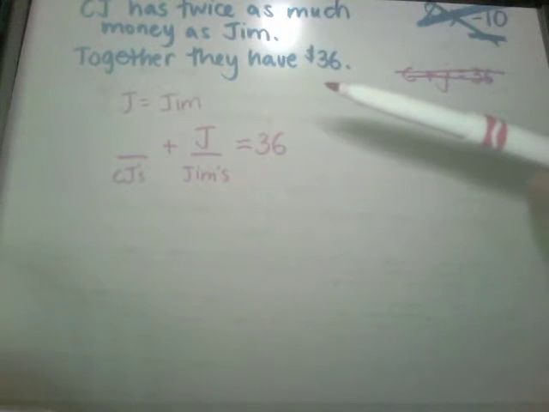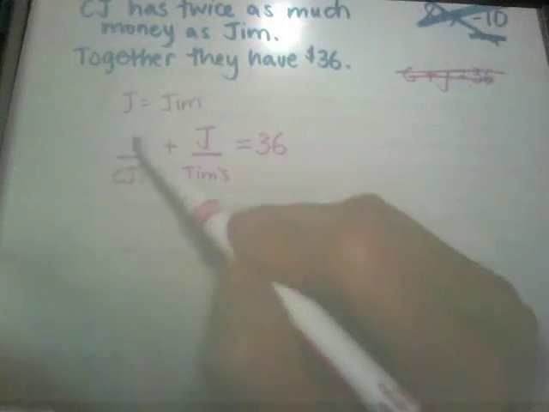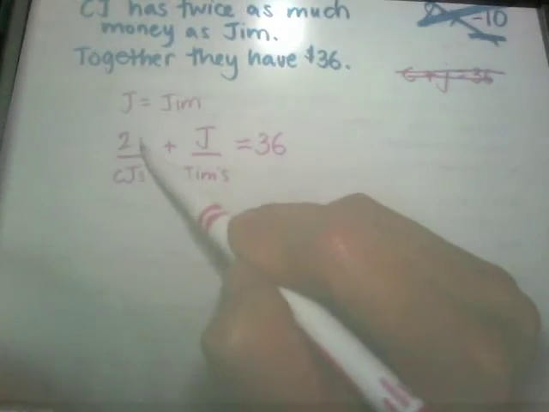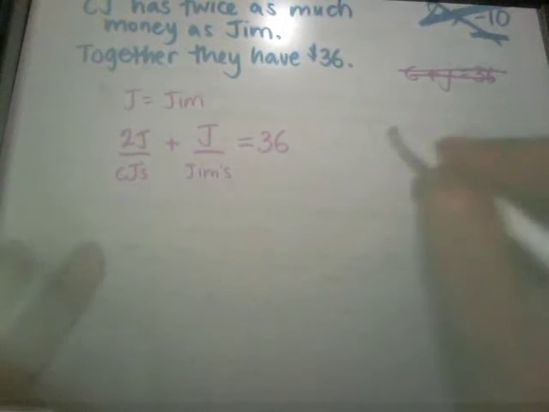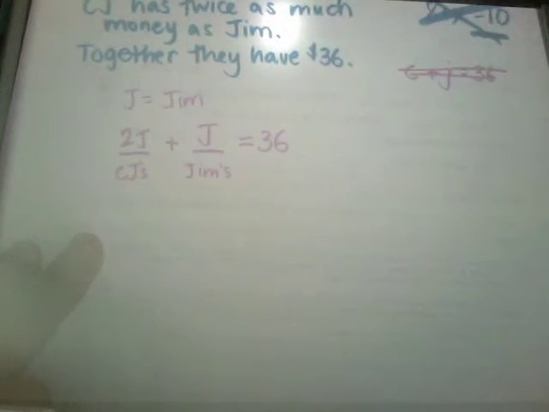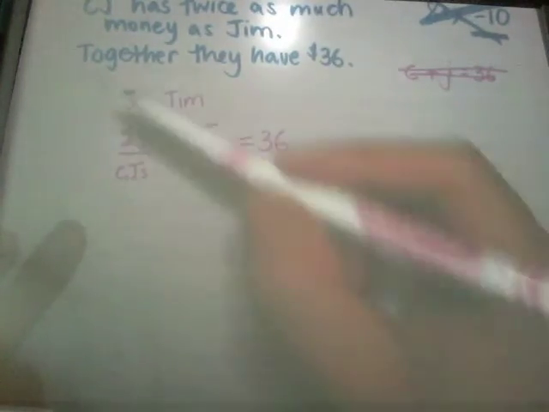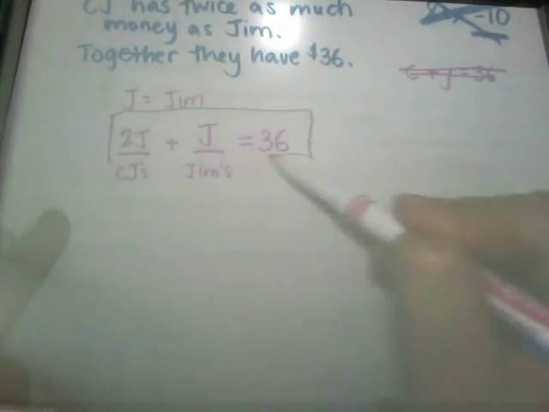Daniel? J times 2. You can write it like that. I'm just going to simplify and push them together. 2j. Anytime we push them together without the times dot or times symbol, the number comes first. We wouldn't say j2, we'd say 2j. But you could do like Daniel said and say 2 times j. Or j times 2. That's fine. This is it. Here's your equation.